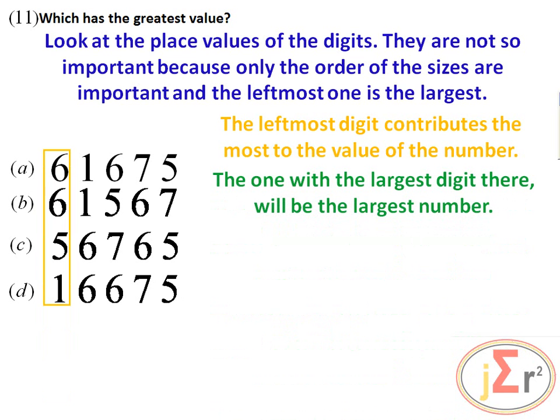The one with the largest digit there will be the largest number. So if we are just looking right at those leftmost digits, Jerry, which one would you say is the largest number? 6 and 6. Right.